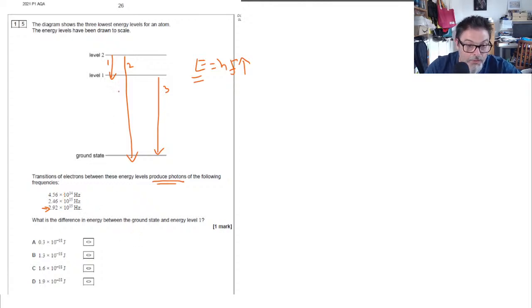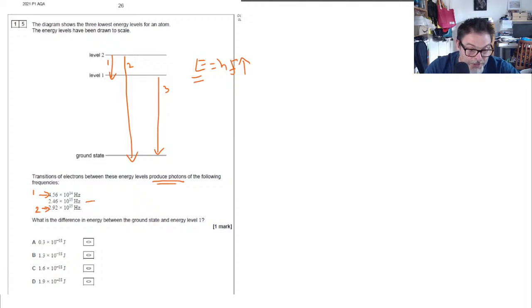So number 2 is the biggest energy drop. So that is going to be 2.92 times 10 to the 15. So that's number 2. And what's number 1? Well, number 1 is the smallest energy drop, isn't it? So if it's the smallest energy drop, it's going to be the lowest frequency. Looking carefully at the numbers, we can see that that one there is the lowest frequency.